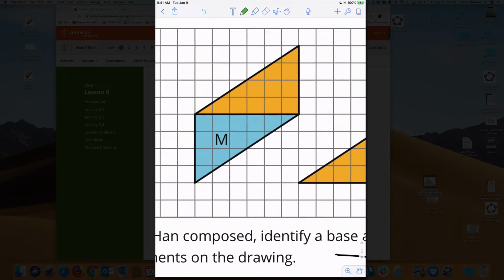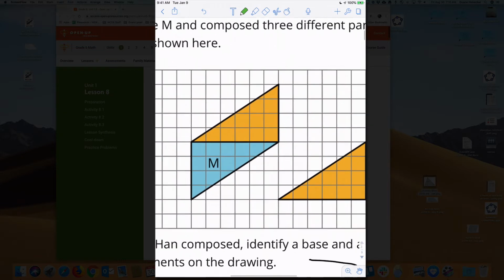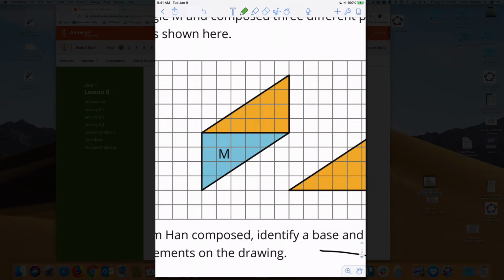For this one, we've got to look for our base and its perpendicular line, which gives us the height. So we have some choices here, don't we? On this one, if we want, we could say, here's our base. And what's our perpendicular line? Our perpendicular line is a thing that goes like this.